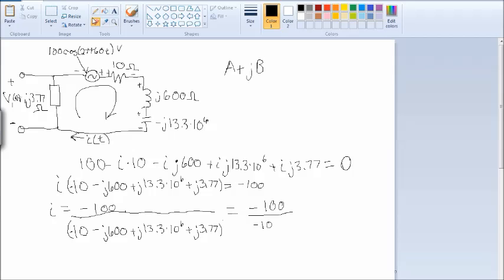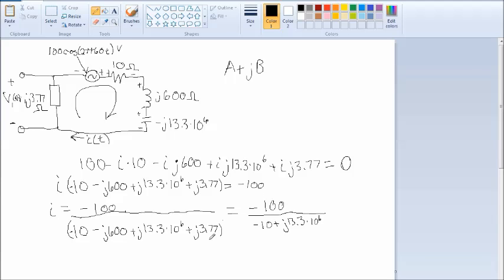So I'm going to call this denominator here -10 plus j 13.3 times 10 to the 6. That number is so big that the other two aren't going to affect it at all, unless you carry out to, say, 4 decimal places or so.